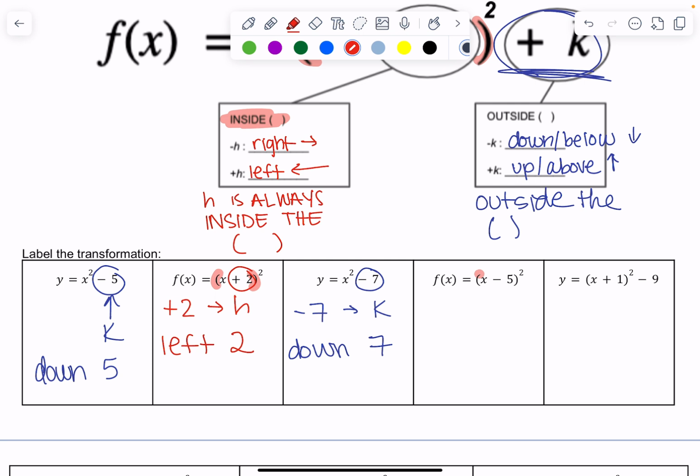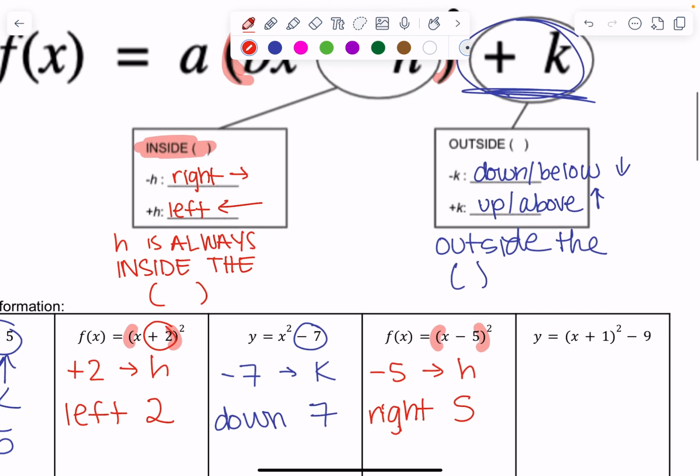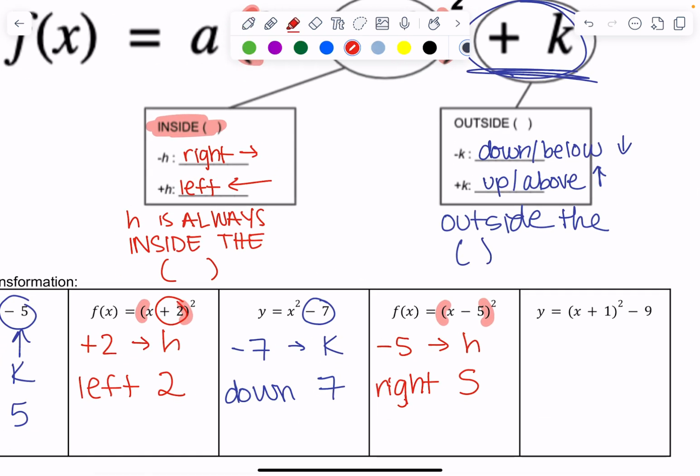Now, if I look at my next one, we have parentheses, so I know that's my H. Very good. Negative 5 is my H. If I look at my row, I'm looking for negative H. That means I have to go to the right 5. Now, this next one is where we start to see both of the rules applied. We have parentheses. That means that plus 1 is my H, because it's inside the parentheses.